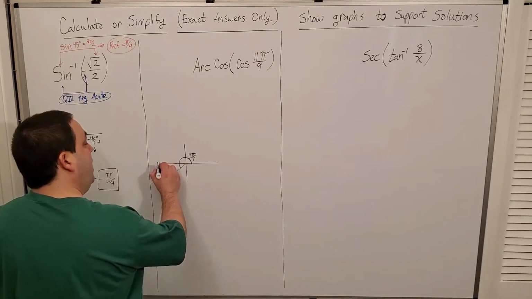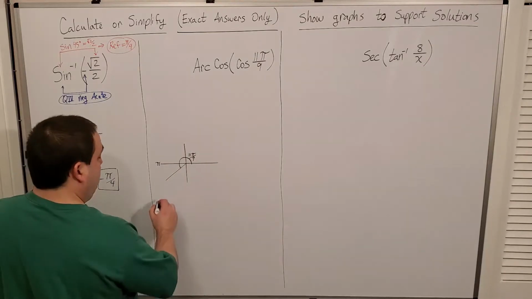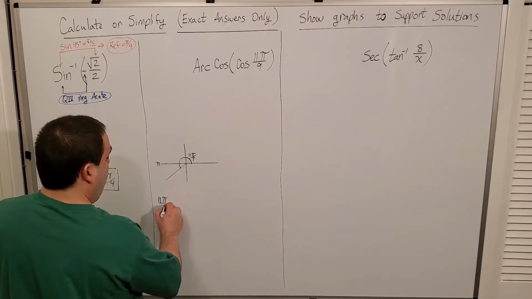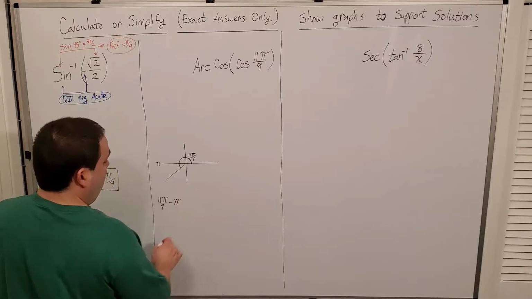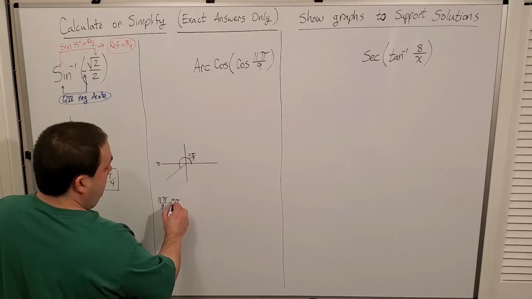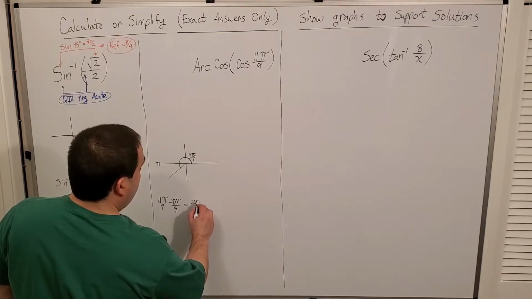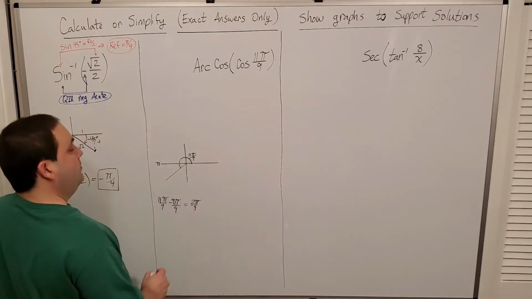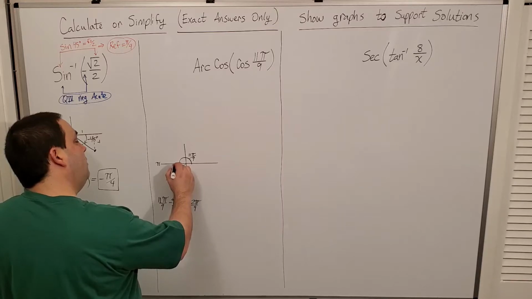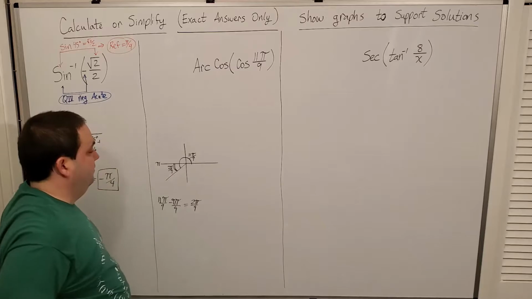Well, remember this is pi right here, right? So if I do 11 pi over 9 minus pi, remember pi would be 9 pi over 9, I would have a leftover 2 pi over 9, right? So this angle here would be 2 pi over 9, my reference angle.